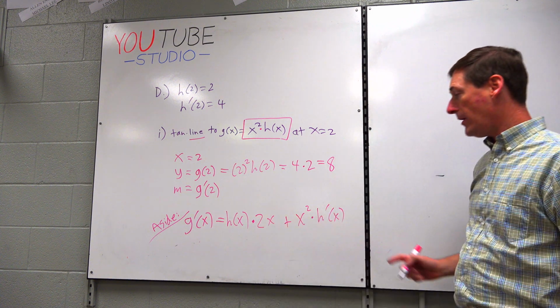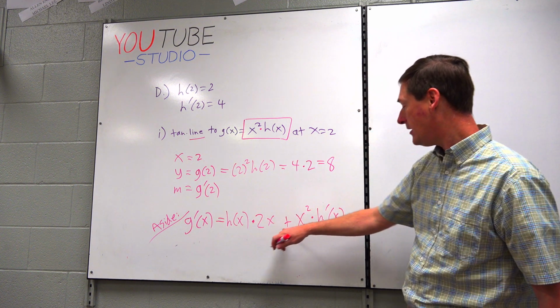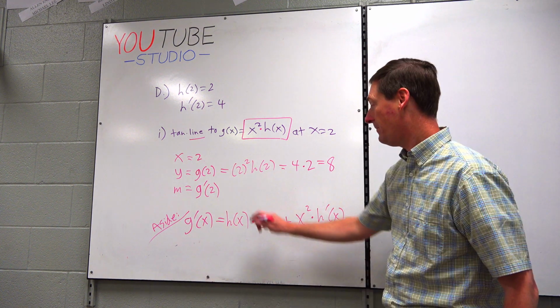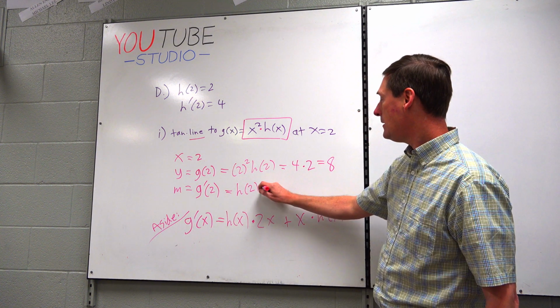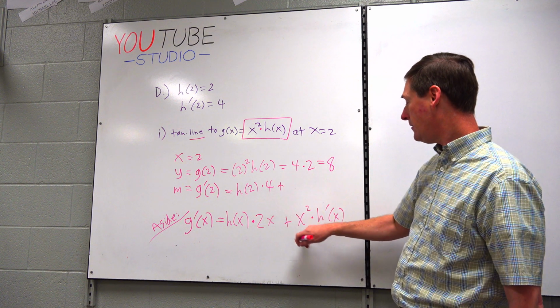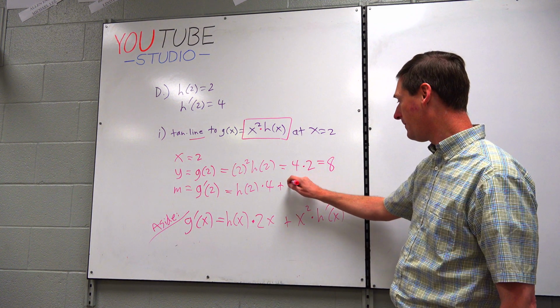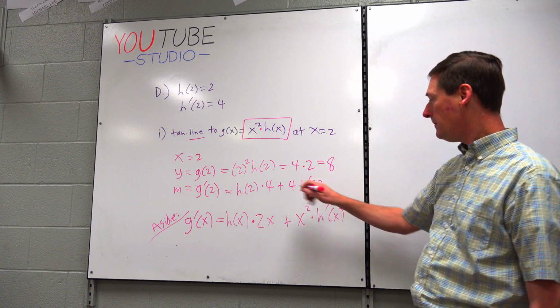There is your product rule. Now let's go find g prime of 2. All x's become 2. So that would be h of 2 times 2 times 2 is 4, plus 2 squared is also 4, times h prime of 2.